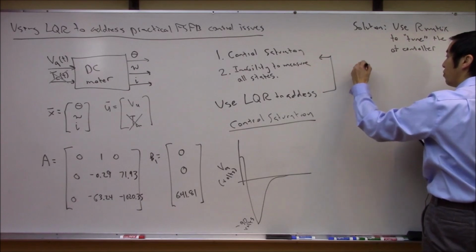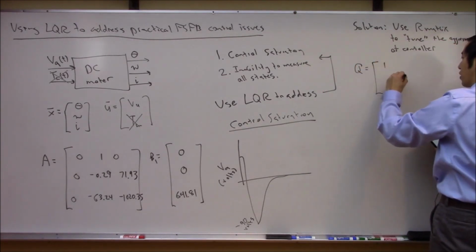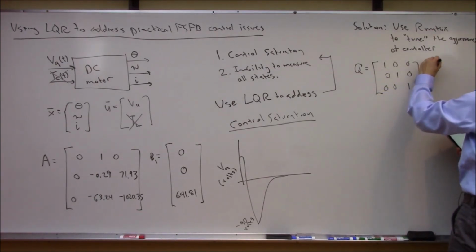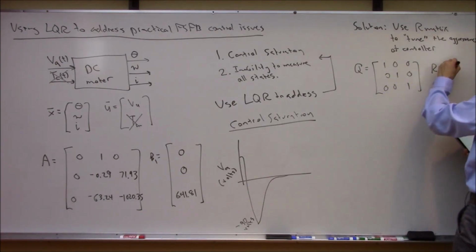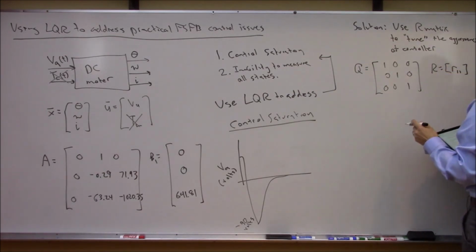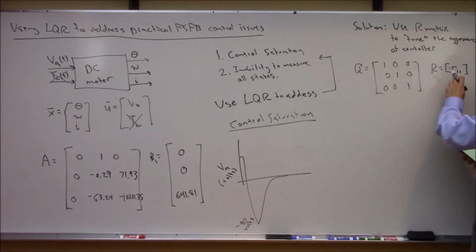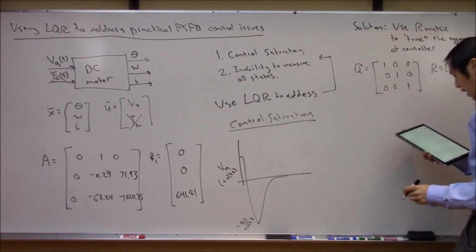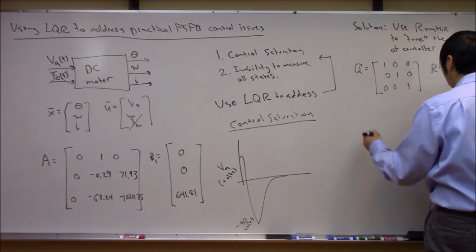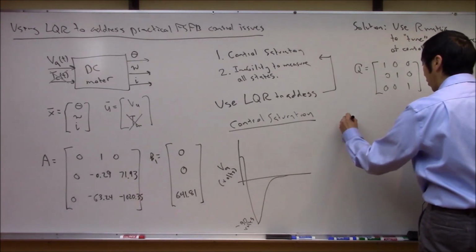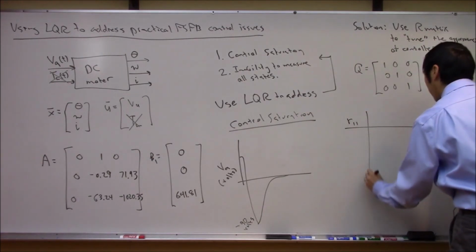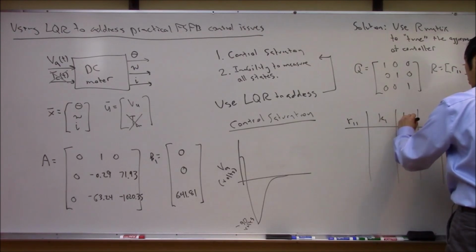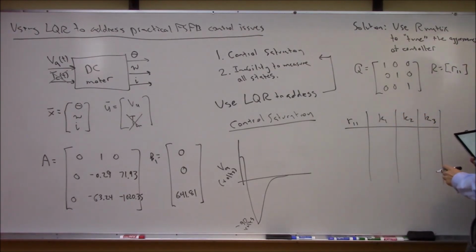Let's use a Q matrix of just an identity matrix, and the R matrix is just going to be a single value, let's call it R11. With R11, we can tune how much we care about this VA measurement. Let's make a quick table to show what this ends up being, and then we'll look at the resulting K1, K2, and K3 values that are going to come out of LQR.